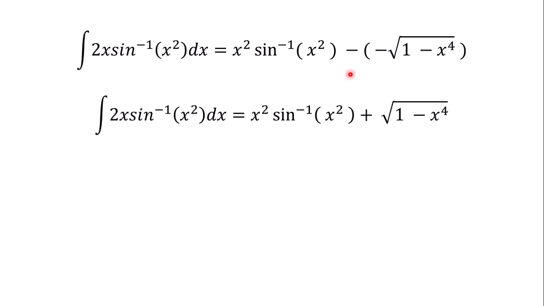You're going to get positive. So if you see it somewhere and you don't know how to operate, just remember negative negative gives positive. That is why minus minus gives us plus. So the answer to this integral is x squared multiplied by sine inverse of x squared plus square root of 1 minus x raised to the power 4.